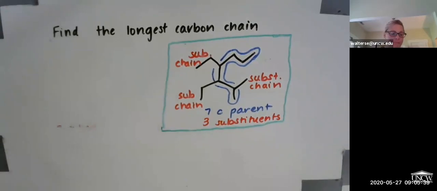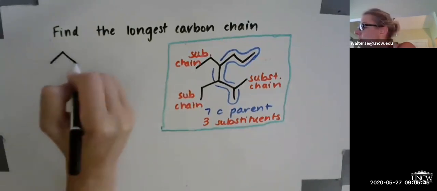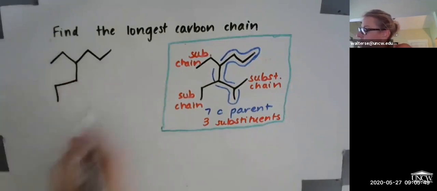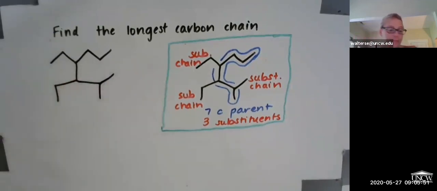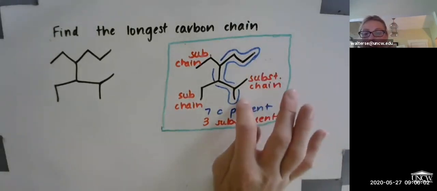All right. Now what we have to do is take this molecule, and I'm going to redraw it and then erase. Like that. And now we have to number it. We're going to start here and come down to here, and then reverse.